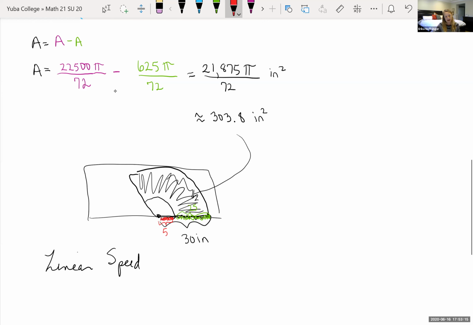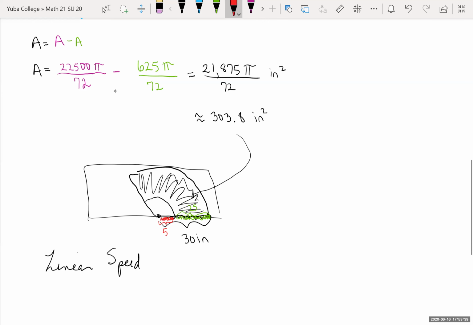Sometimes they might ask for the exact answer and then an estimated answer. For the estimated answer, we would just plug that in the calculator and then round, and they will tell you in MyMathLab how far to round. If I plug that into the calculator, it's approximately 303.8 square inches.